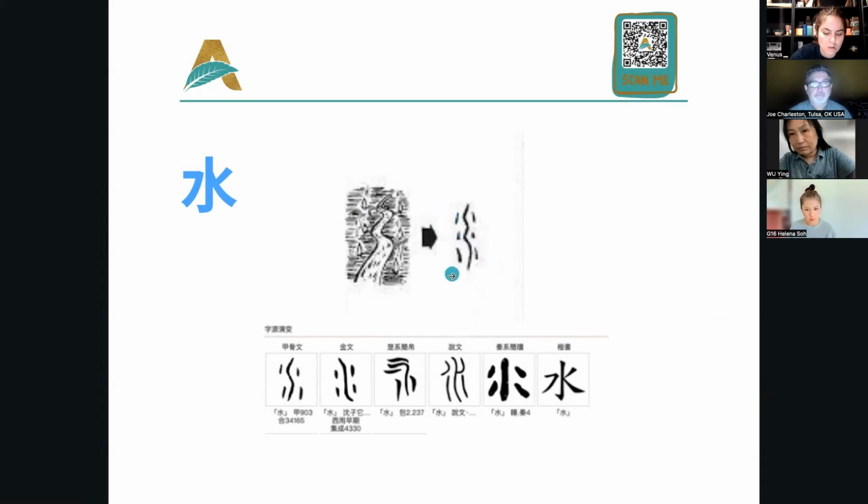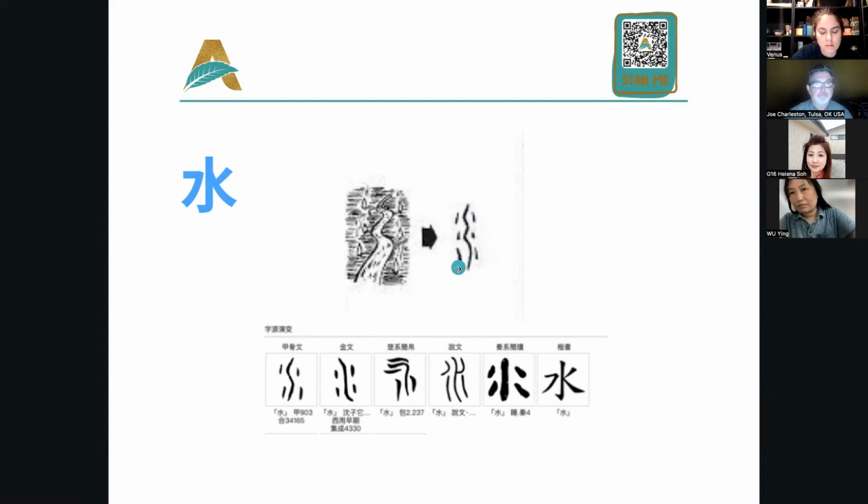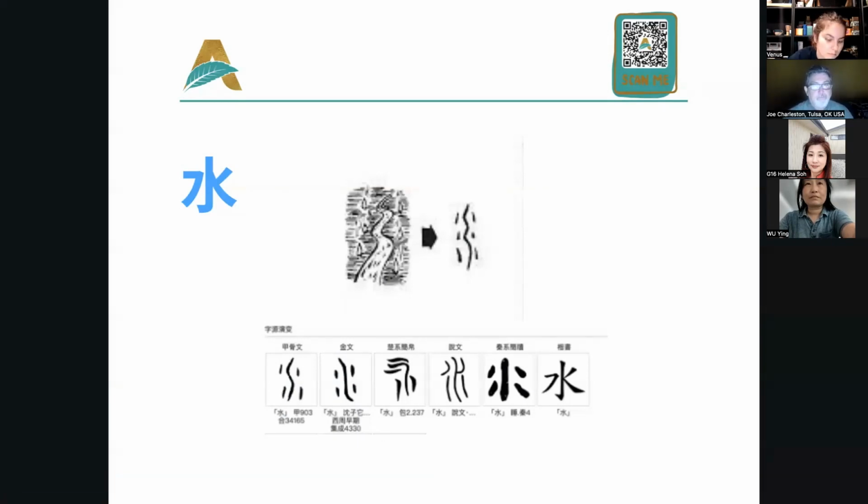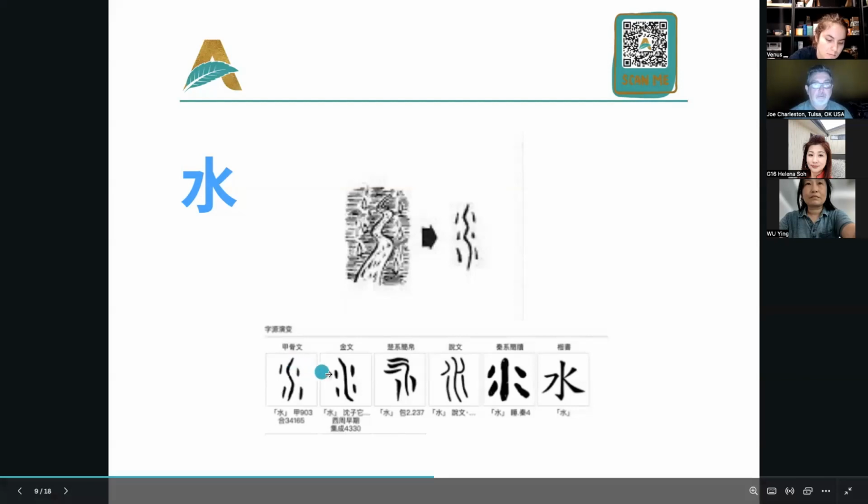And I don't know if this is the tree next to it, or the liquid running alongside it. I'm not so sure. But then it becomes this, carved onto the bone. It means 水. And then this is carved onto metal, when they first started using metal to record what happened in history. And then eventually, in modern day, it becomes this.